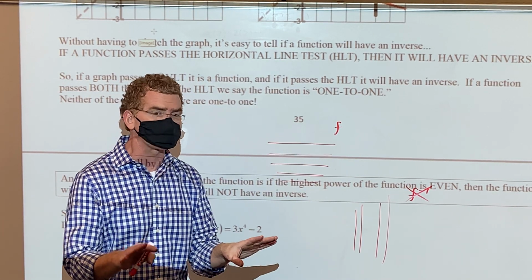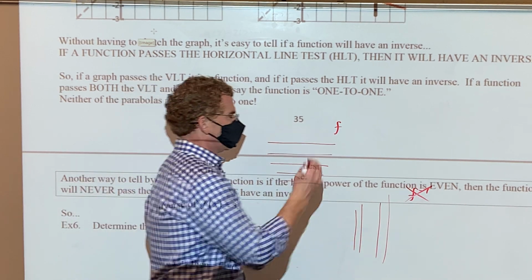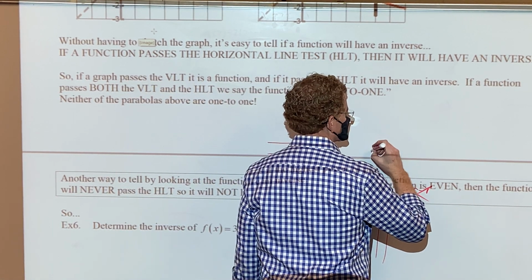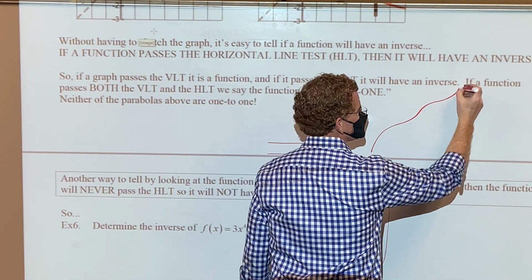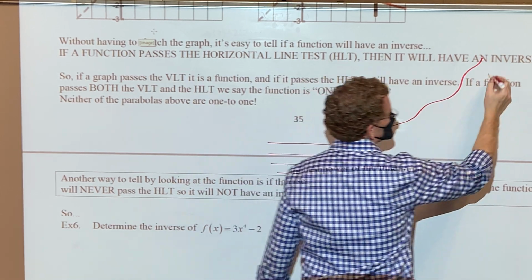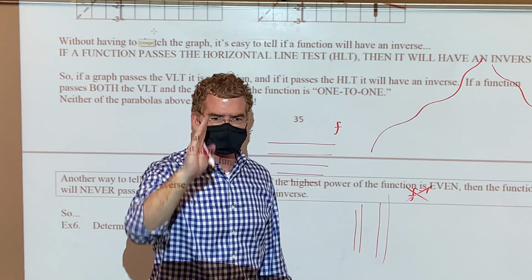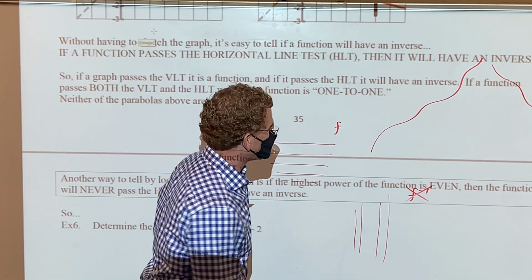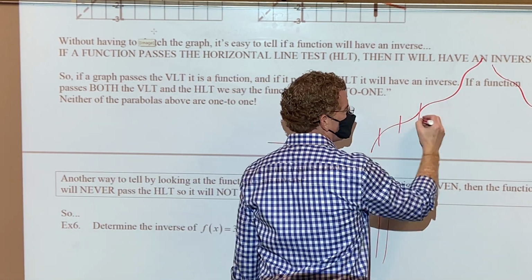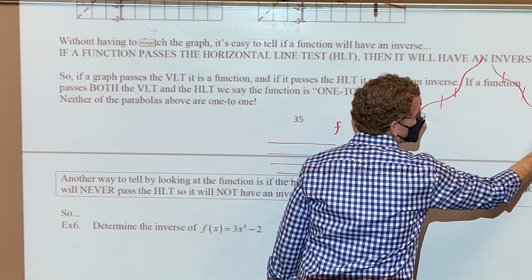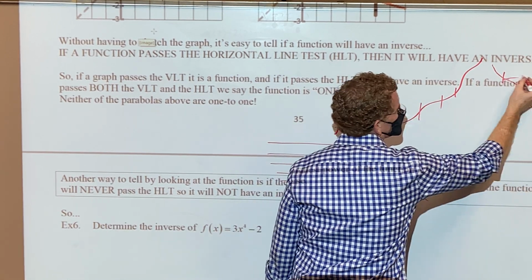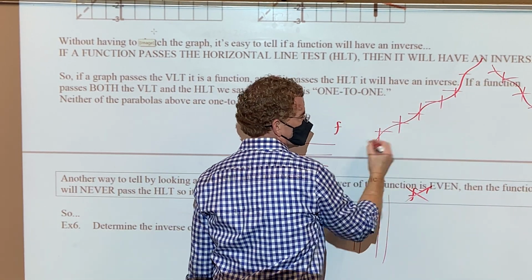And what you'll notice about every one-to-one function has to just be increasing, or maybe just be decreasing, but it can't be increasing and decreasing, because these can pass all the horizontals and all the verticals I could possibly give them, right?